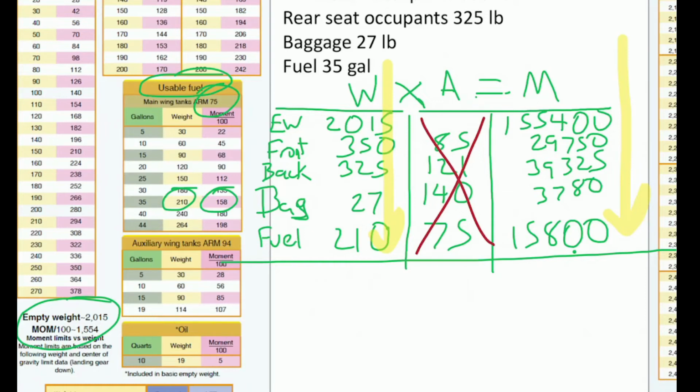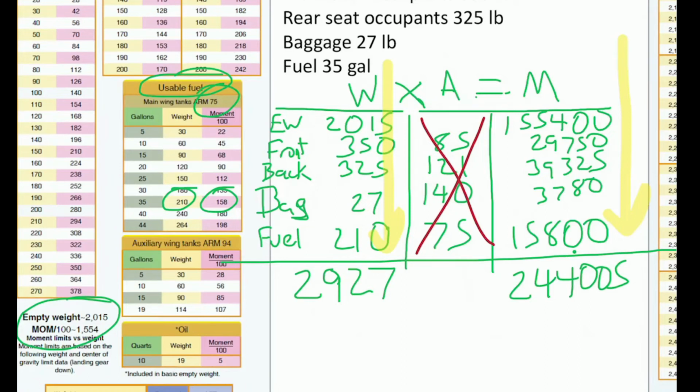All right, so let's go ahead and total up our weights. Our total weight of the aircraft with the front seat, back seat, bags, and fuel is 2927. Total moments is 244,005. All right, so the question asked, is the CG and the weight of the airplane within limits?